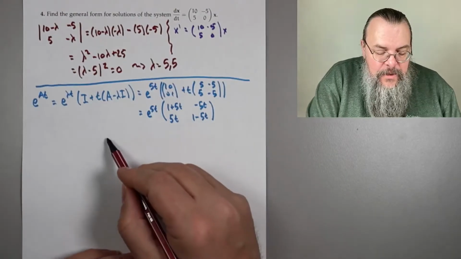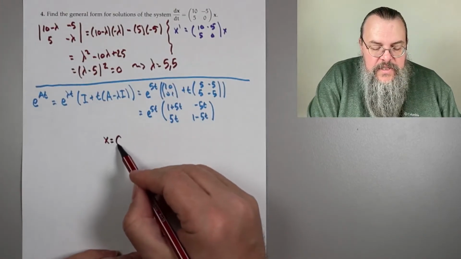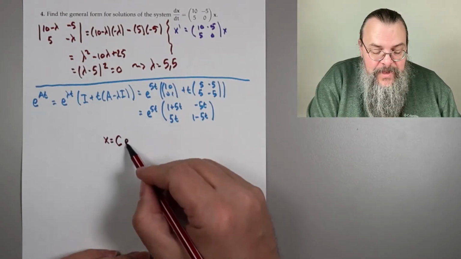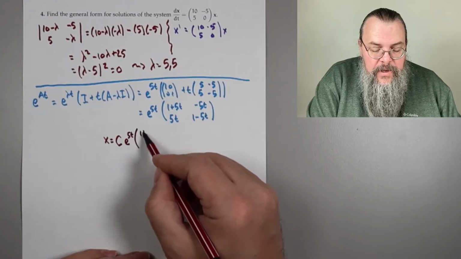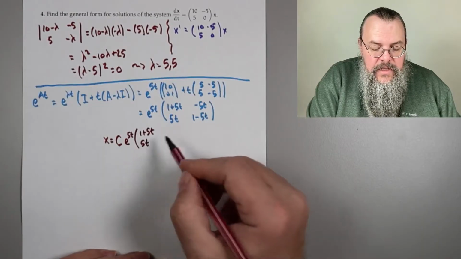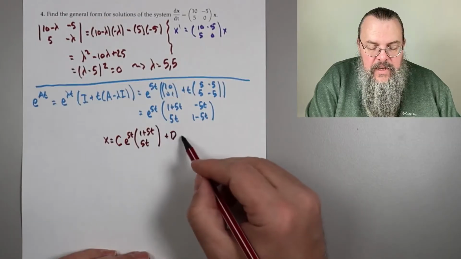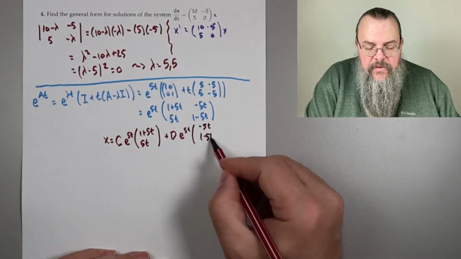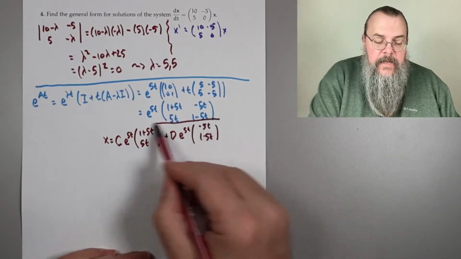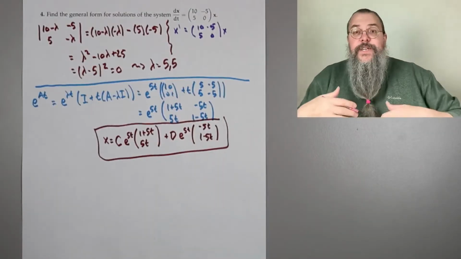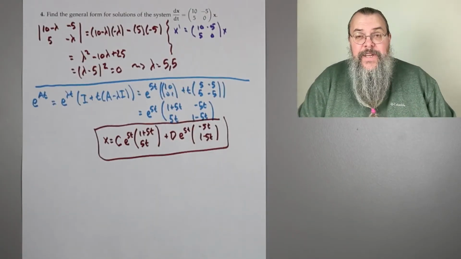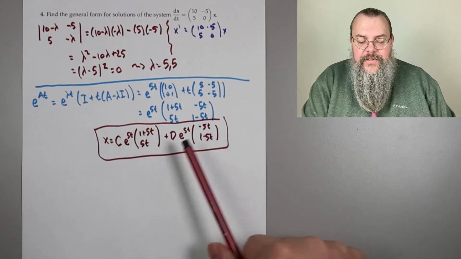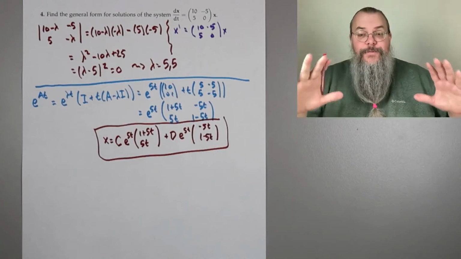So our answer would be: take some constant c times the first column, don't forget the e to the 5t, so e to the 5t times (1 plus 5t, 5t), plus some constant d times our second column, (minus 5t, 1 minus 5t). And that is the general form. So general form says, what do all solutions look like? And so you have to have some constants in there. So constant times first column plus constant times second column, and we're done.